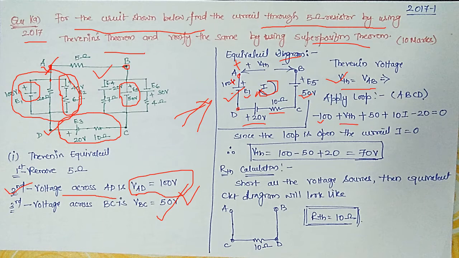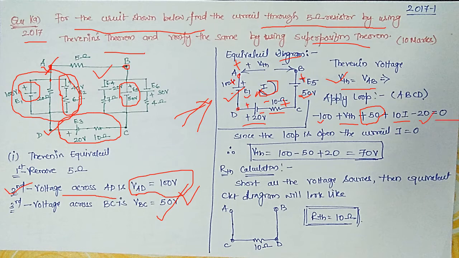Then this is plus and that's minus. So along the direction of current you are encountering a plus sign for this 50 volt source, hence it is plus 50. Drop we are always taking as positive in this case, so plus 10 into I, and now this is the negative sign and that's the positive sign for the battery here, hence minus 20, which equals 0.